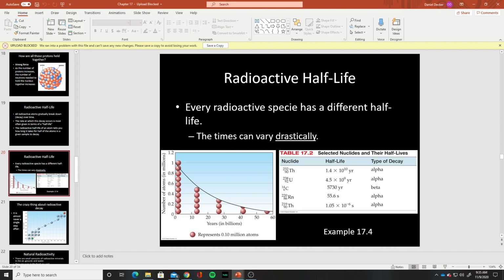That's 10 minutes for every half-life, 30 minutes have gone by, so that's 3 half-lives. If you started with 10 grams, the first half-life, you would only have 5 left. Second half-life, you would have 2.5 left. And then the third and final half-life, you would have, let's see, 1.25 grams left.